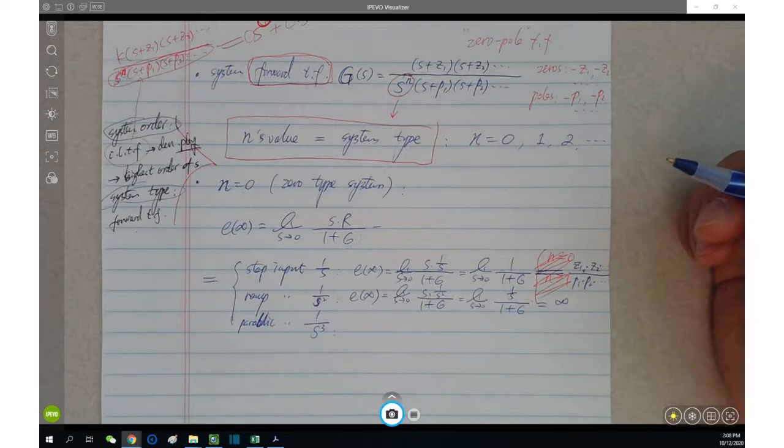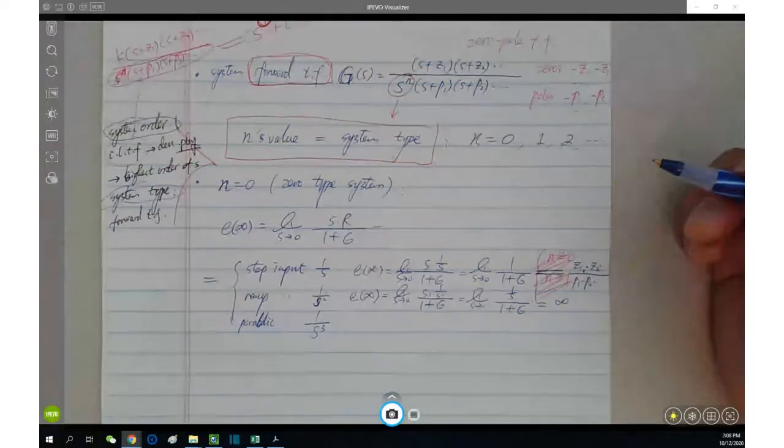So that's why it's important to separate G of S from our input signal. Well, separate from your input. What do you mean by that? I mean by separating the input and knowing that G of S is equal to N, and for the step, ramp, and parabolic, that allows us to know that as long as the original G of S transfer function has 0 for N, the limits will stay exactly the same.